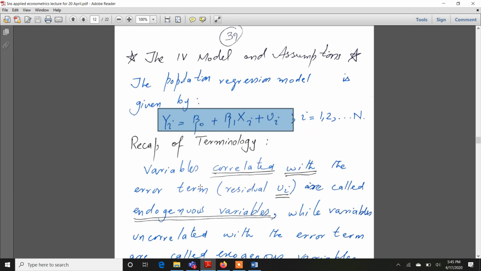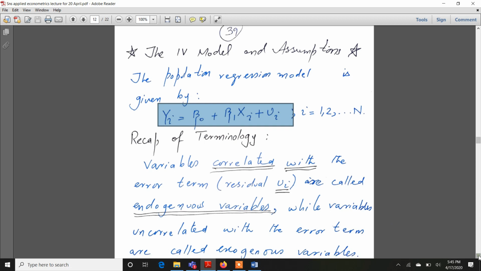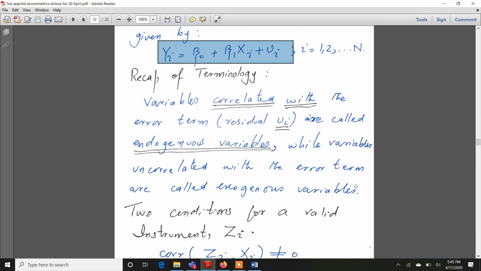Variables that are correlated with the error term are called endogenous variables, and variables that are uncorrelated with the error term are called exogenous variables. You will face this terminology frequently in textbooks and lectures, so I have to explain it, right? Whenever a variable is correlated with an error term, we call it endogenous.